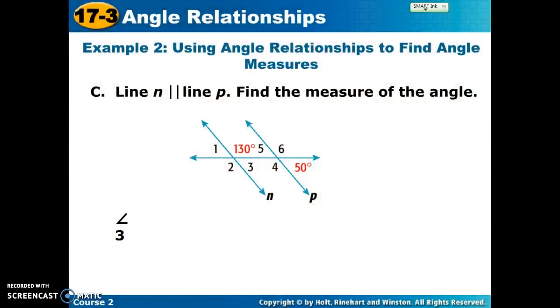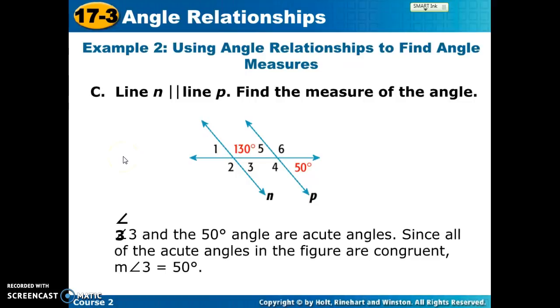Angle 3. All right, knowing angle 3. Angle 3 is next to the angle 130 degrees. They are called adjacent angles, right? So if they're adjacent angles, I can subtract 180 minus 130 to get 50 degrees.